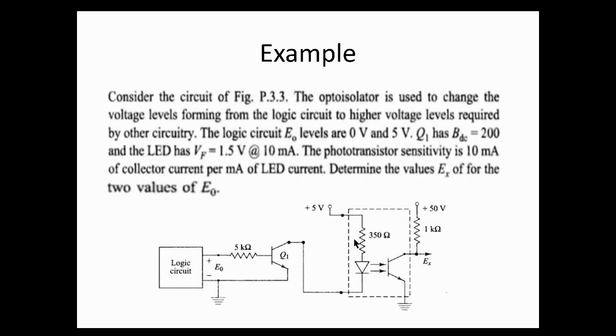So if you just do that math, you have 5 volts, with a voltage drop of 1.5 across this LED, right? So that would be just about 3.5 volts, and it's at 10 ampere, right?